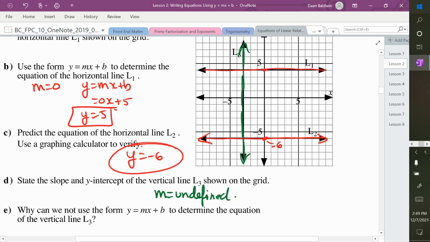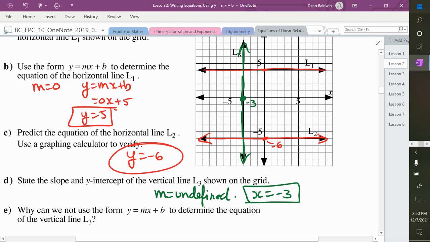So you can't write mx plus b because m is undefined. It doesn't make any sense. So what you write is x equals whatever your x value is. So in this case, it is -3. So you just write x is equal to -3. So if you see x equals a number, you know it's a vertical line.